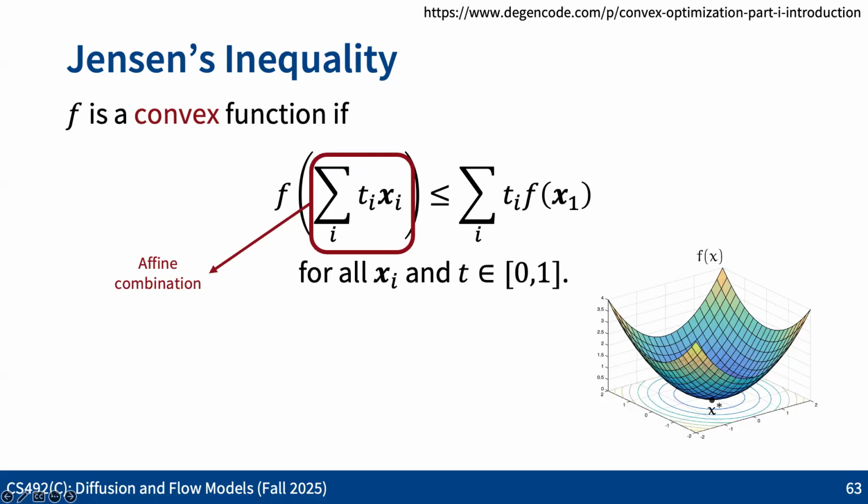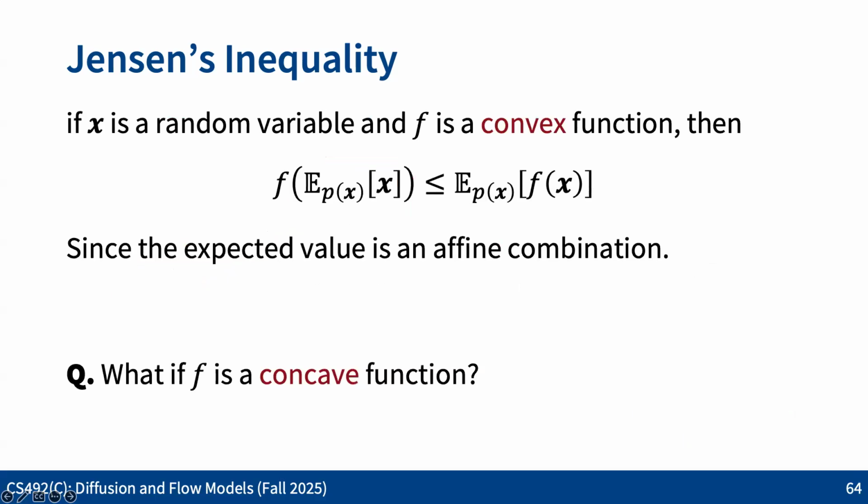If we replace all the arbitrary t here with the probability for each of those points, and the function f is convex, then the same thing should hold, right? This is exactly the same formulation as in the previous slide.